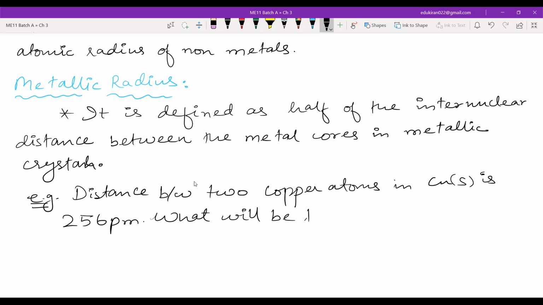What will be the atomic radius of copper?